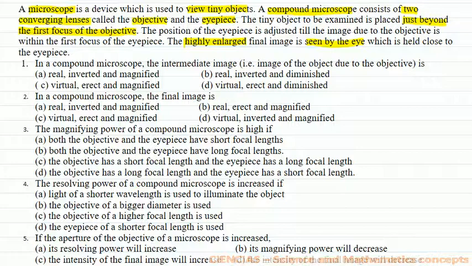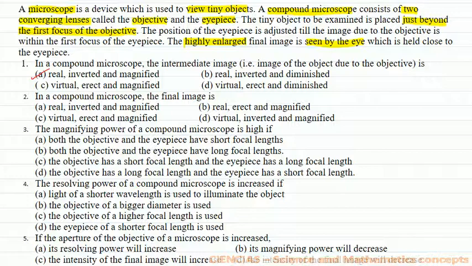So a real image is always inverted and it is magnified. So option A is correct. Intermediate image means the image between objective and the eyepiece, formed by the objective lens. Since it is on the other side, it is real, and a real image is always inverted and magnified.